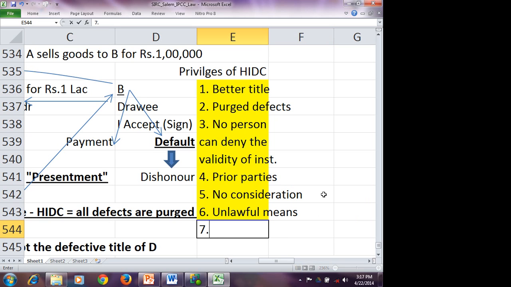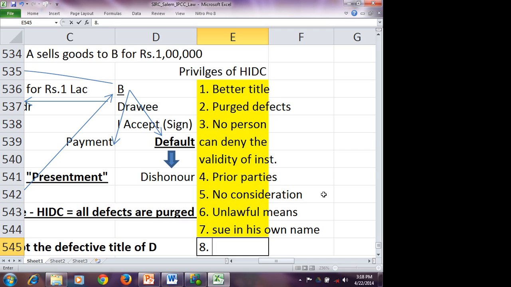Lastly, he can sue in his own name, notwithstanding the doctrine of privity. Upon default, he can sue in his own name.